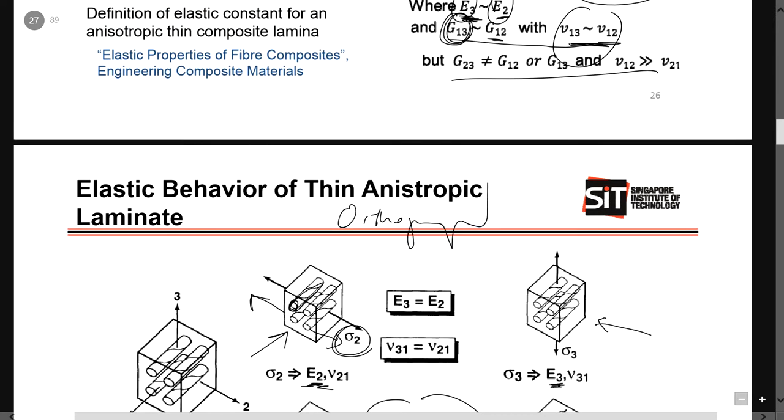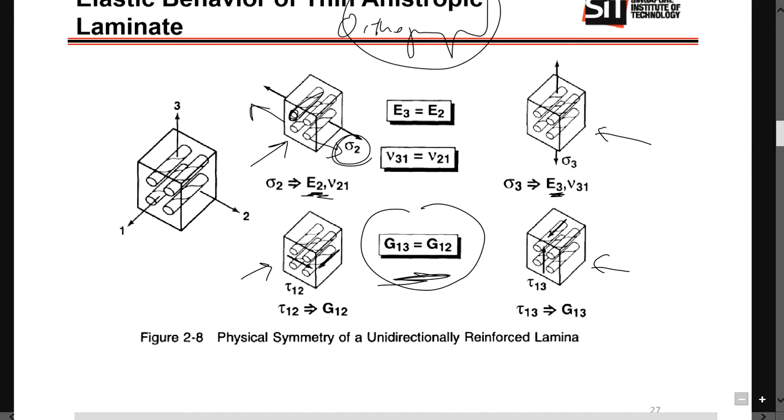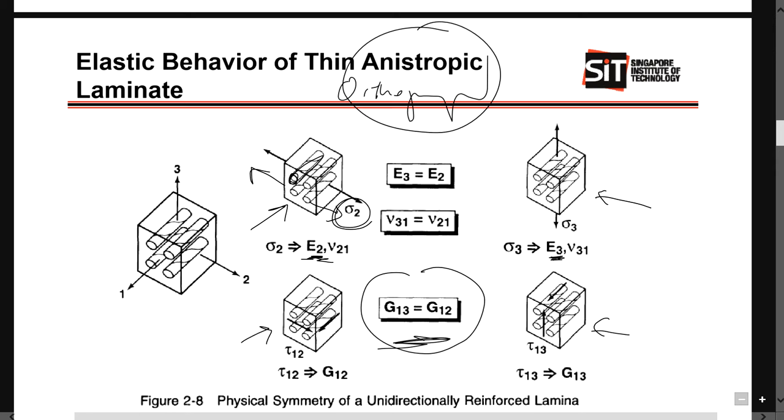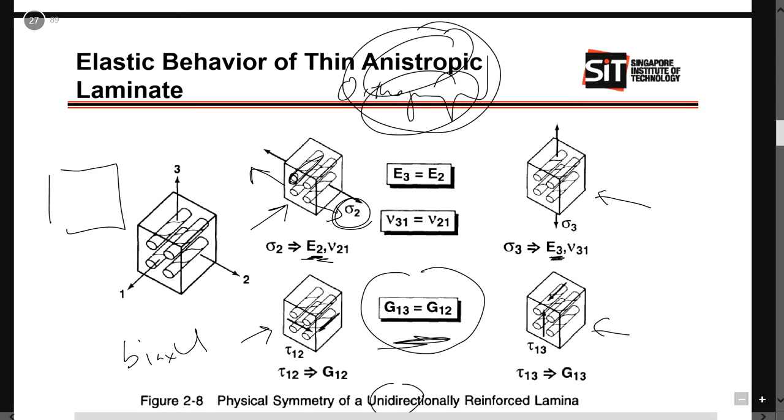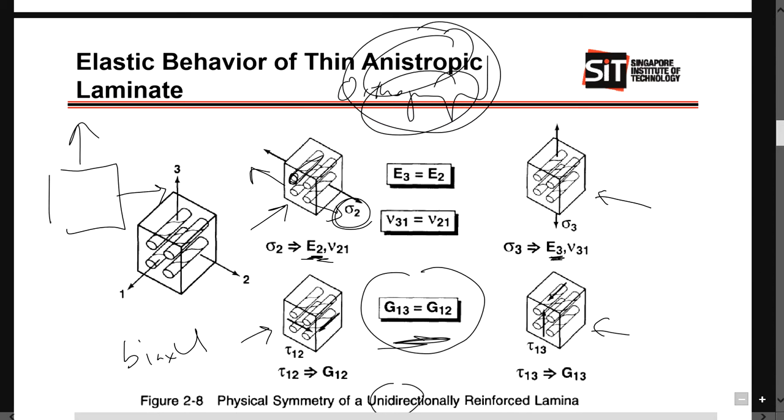It's also saying the same thing, talking about anisotropic material. So these are all the terms that you may come across quite often: anisotropic, orthographic, unidirectional, or biaxial. Biaxial is 2 directions, I think. I forget, but these are the different terms that may be discussed.